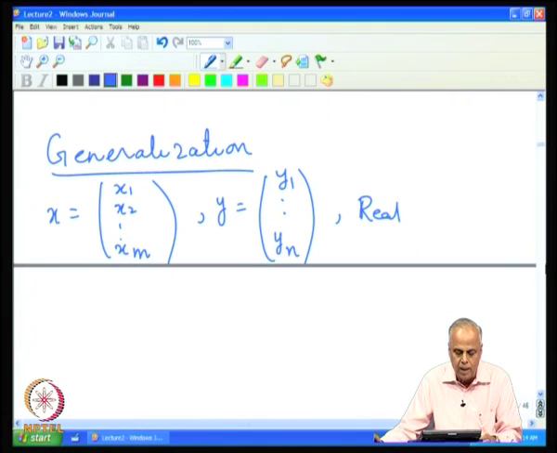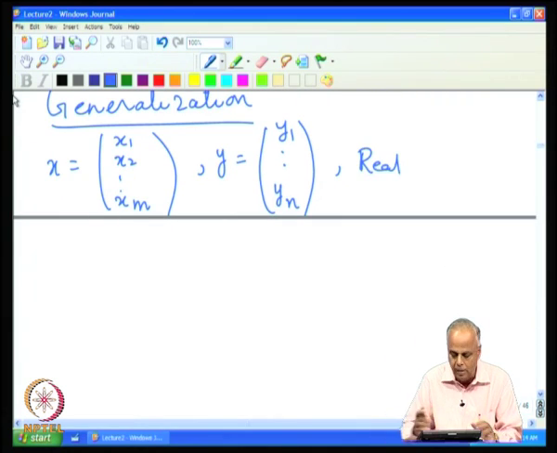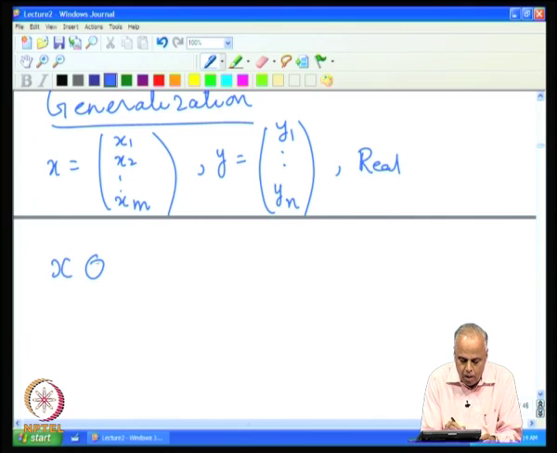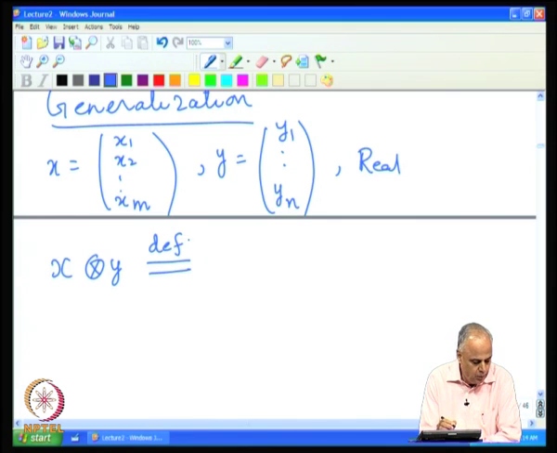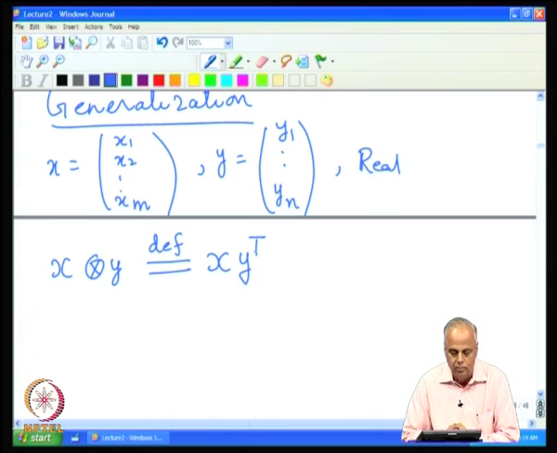So, one of them has m entries, the other one has n, and now we define the tensor product of x with y, the tensor product of two such column vectors. We define it to be x y transpose as before.